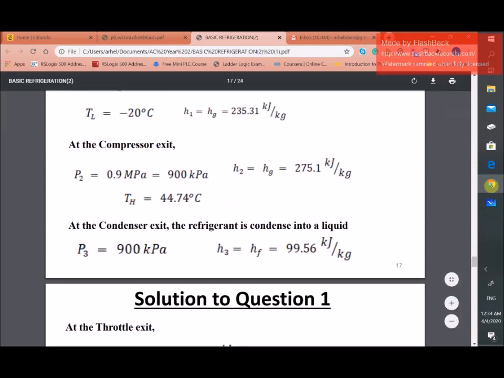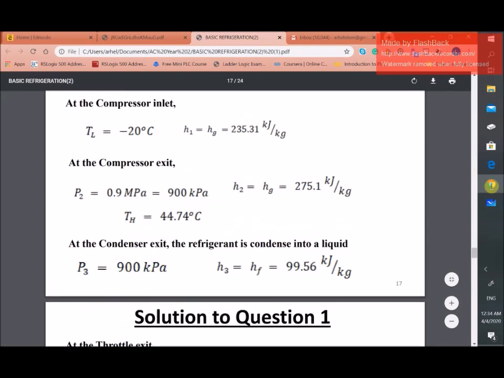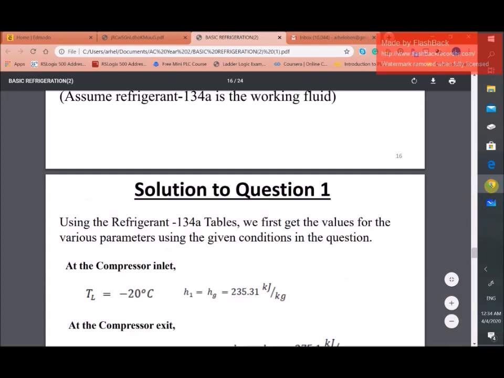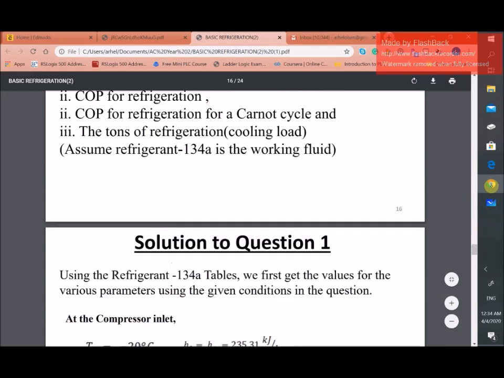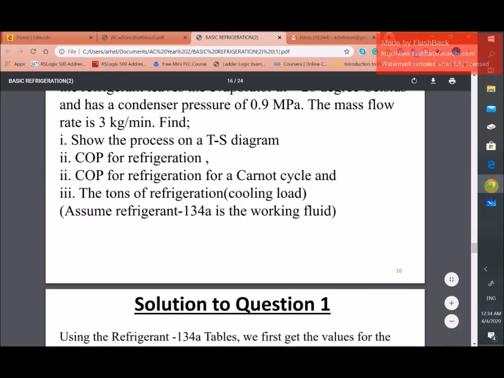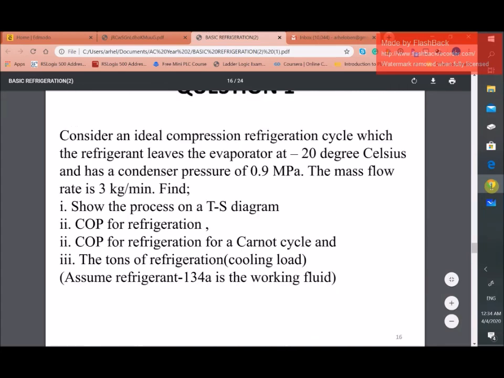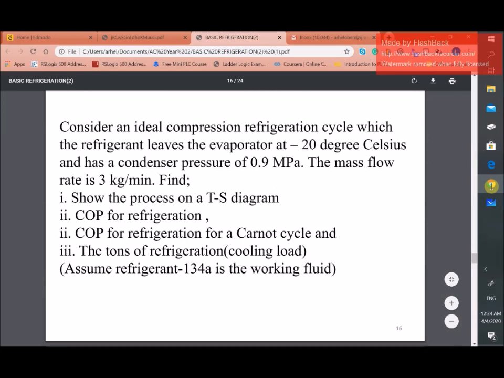So I want each student to solve this question and point out to me the mistakes that you can identify in the solution of this question that was done on the slides.